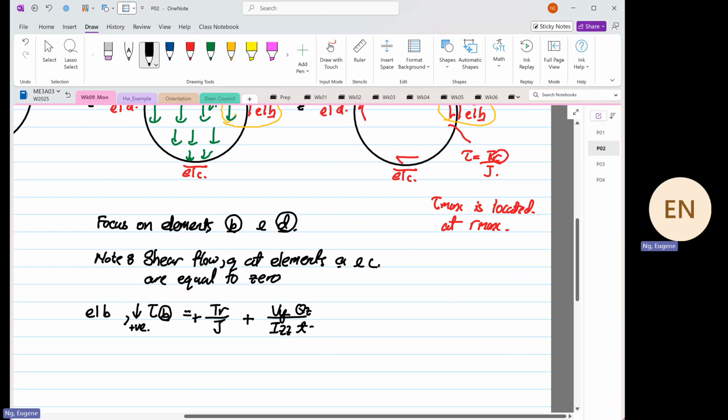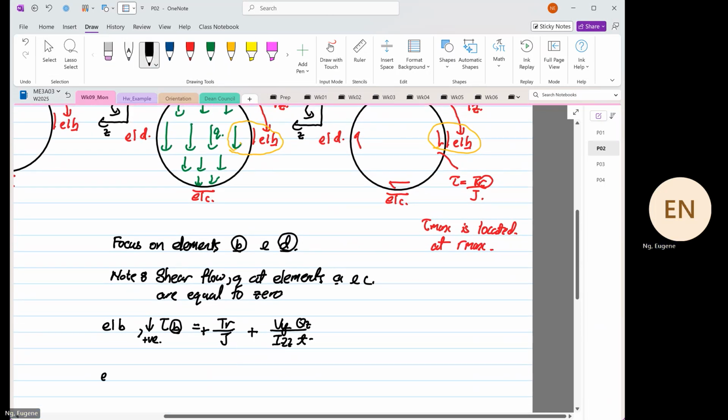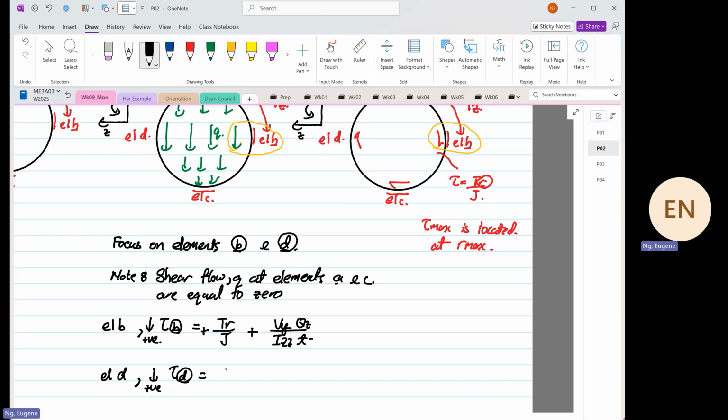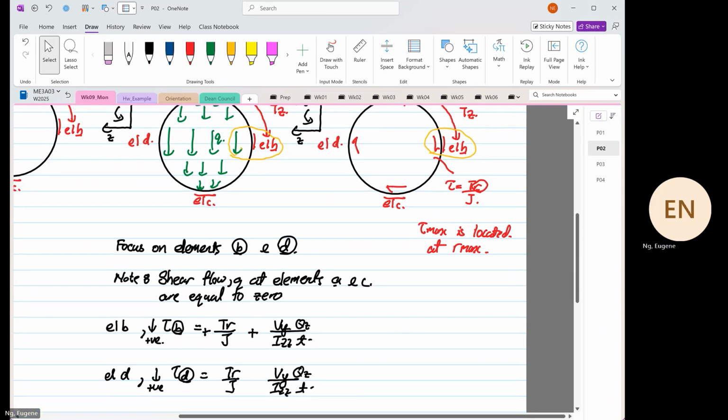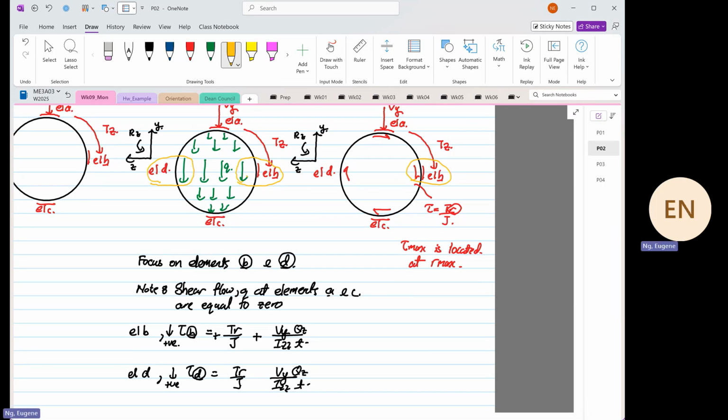So the next thing we define, if we look at now, is element A or element D. If we look at element D, again, positive is coming down for shear stress at element D. This one, we have TR over J. You have VY over IZZ QZ over T. Now, I want you to pay your attention to the shear flow. Now the shear flow is coming down. When the shear flow is coming down, we declare this is going positive. Yes or no?